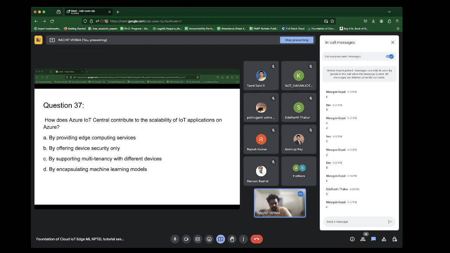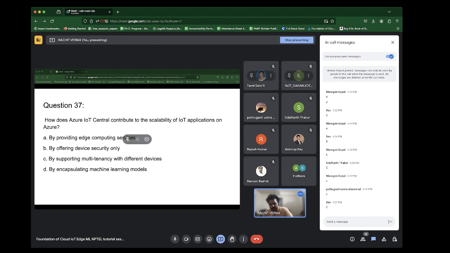Yes, C, by supporting multi-tenancy with different devices. Any other options? Okay, fine. So a lot of you are saying that C is the correct answer. Yes, that is true. C is definitely the correct answer.